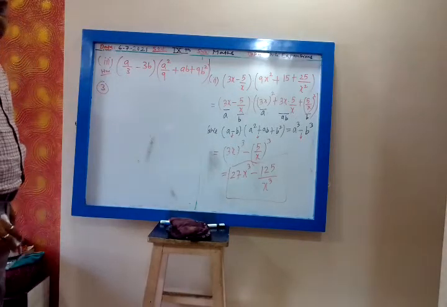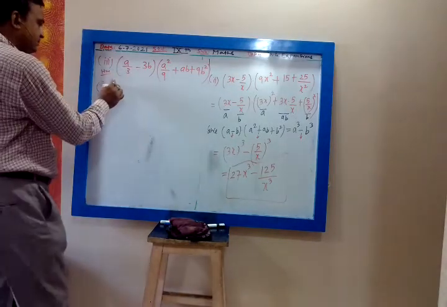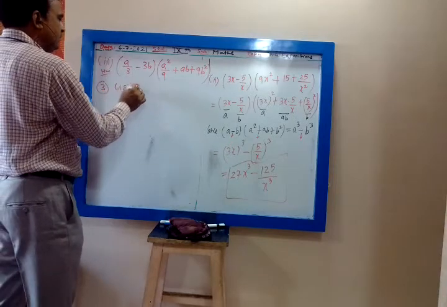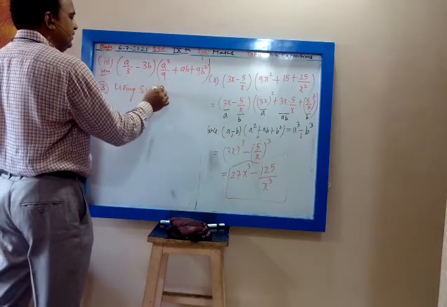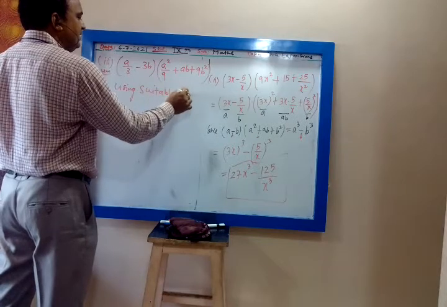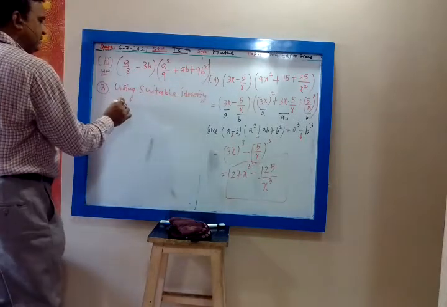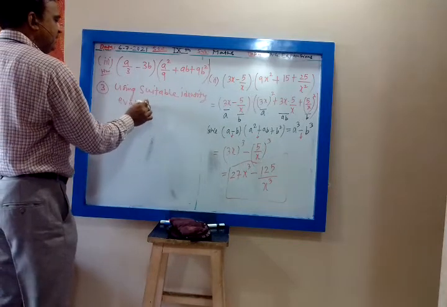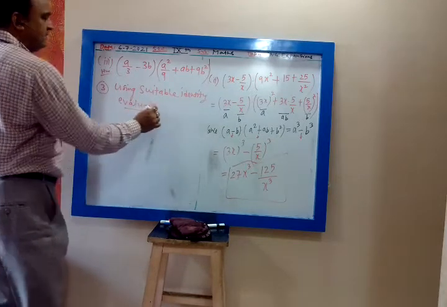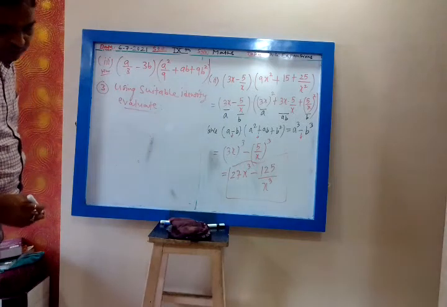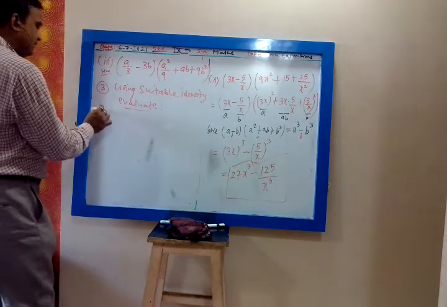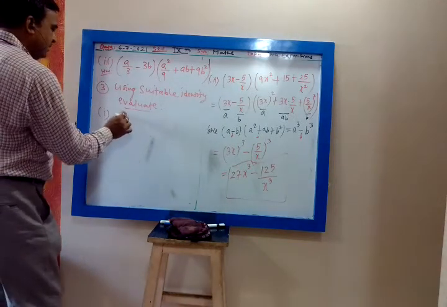Then third, using suitable identity, evaluate. First, 104 cube.